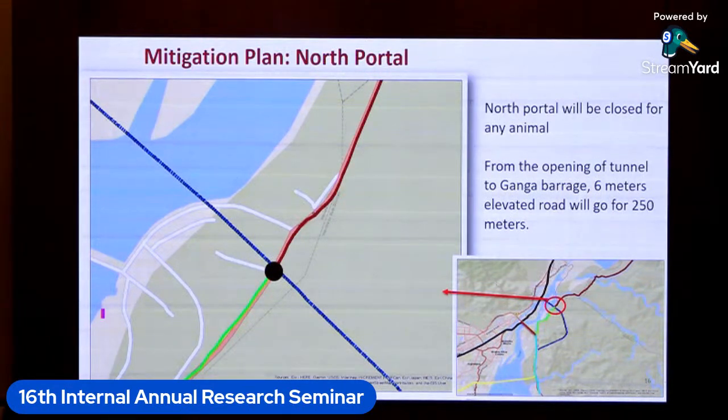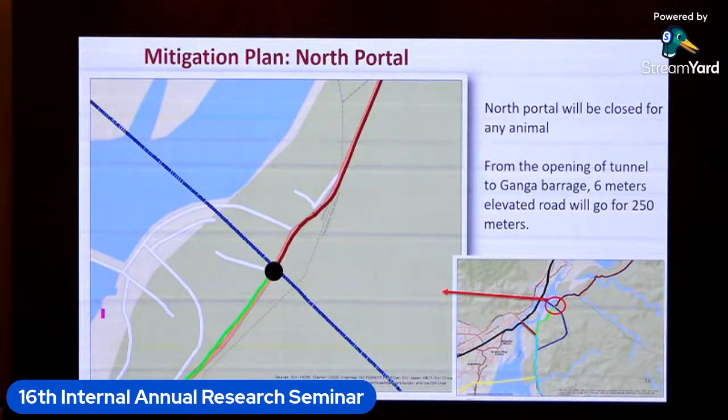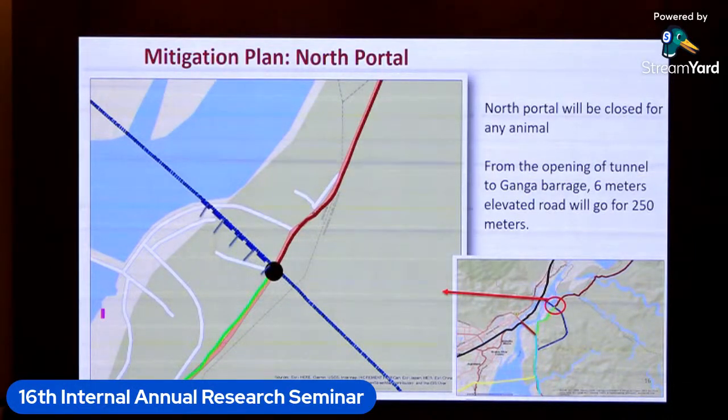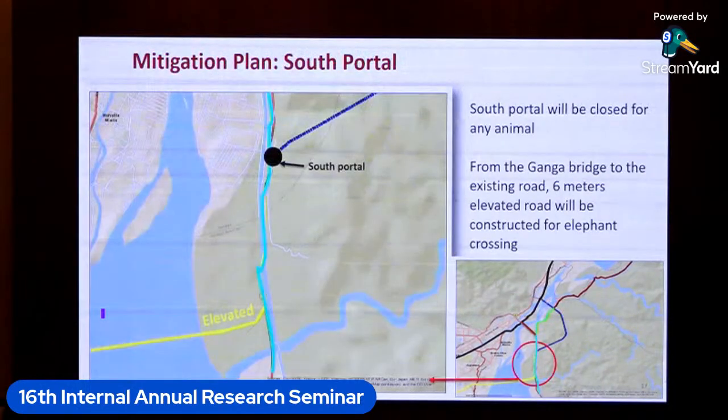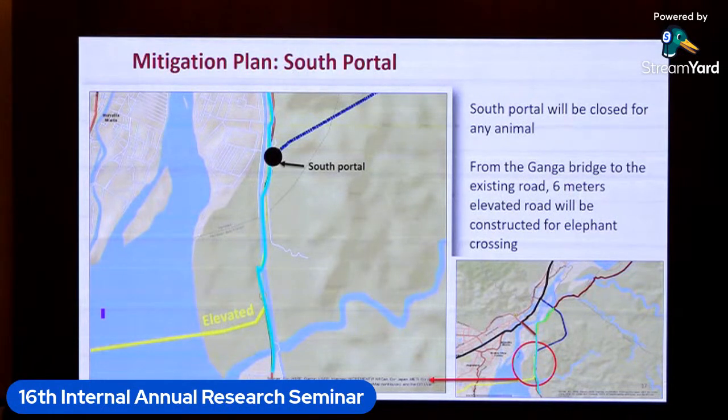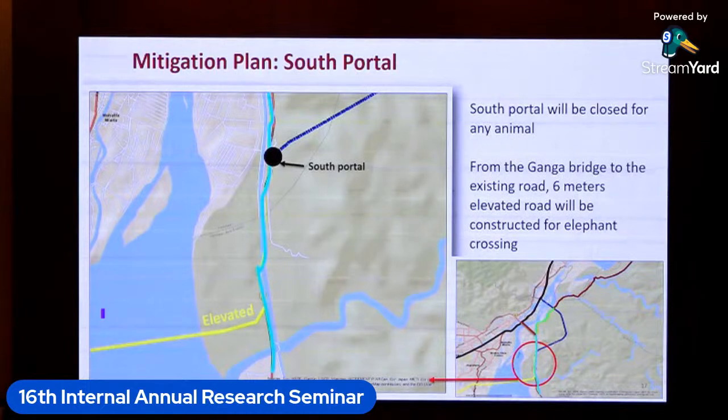And from the opening of the tunnel to Ganga Barrage, a 6 meter elevated road will go for 250 meters so that elephants and other animals can cross the area, for free movement of wild animals. The same will be done on South Portal. No animal will be able to enter the tunnel by using fencing or some other mitigation measure.